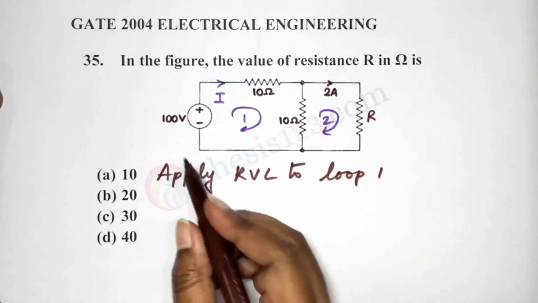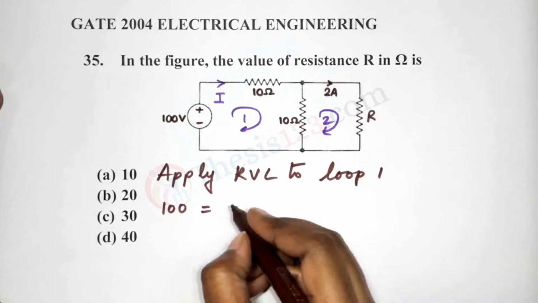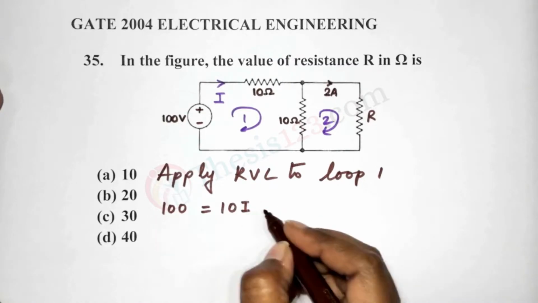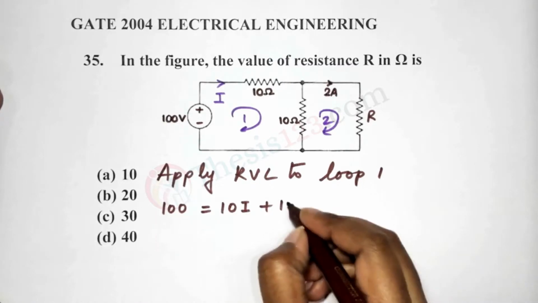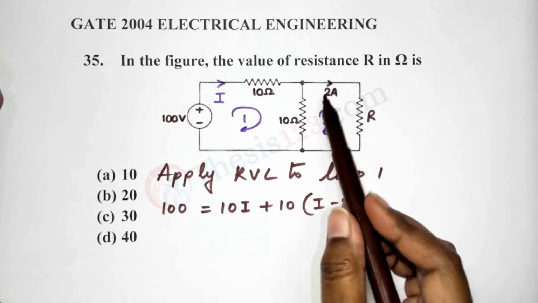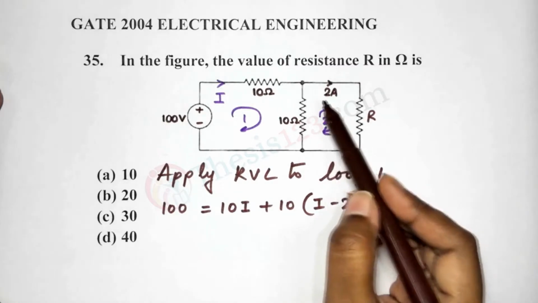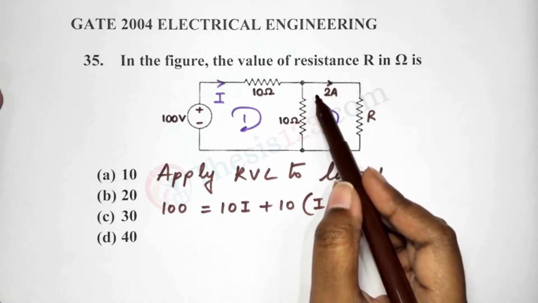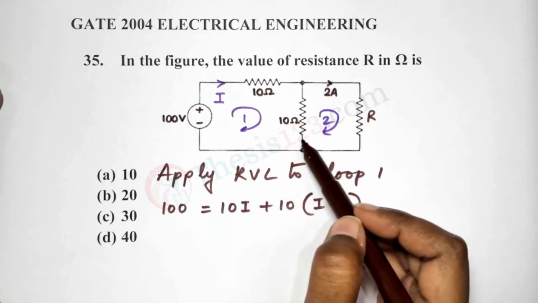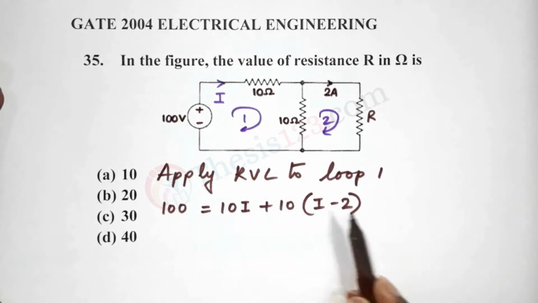So we start with the source, 100 equals 10I plus 10 times I minus 2. That's because the current over here is 2 amps. The 2 amps is in one direction while the current I is in the opposite direction. So it is I minus 2. So this is our first equation.